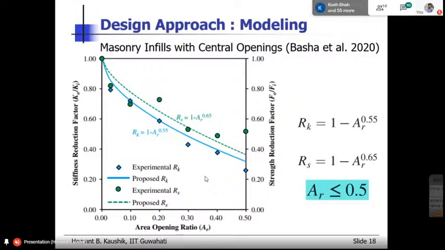See what happens in lab settings. We consider that this is the best we can achieve. We cannot have a better result than this. Better material, better quality control, better construction, better labor, better supervision. So this is the best we can achieve in the country in a laboratory setup, right?